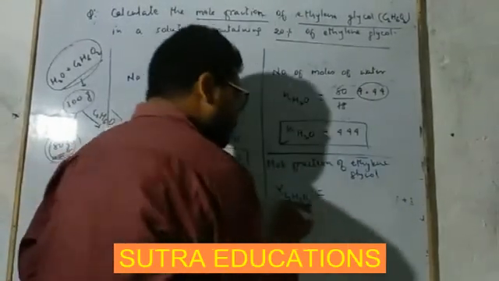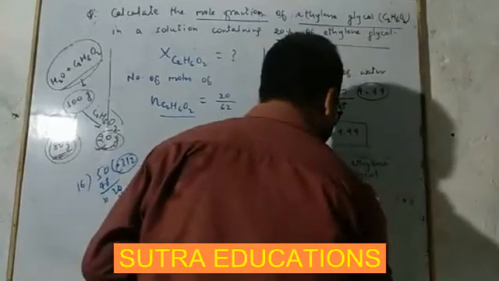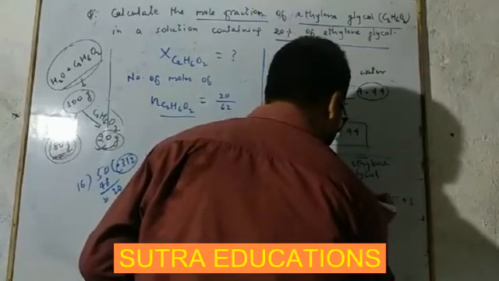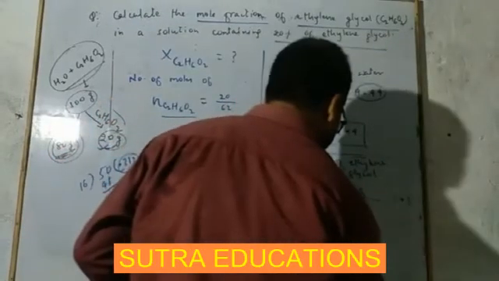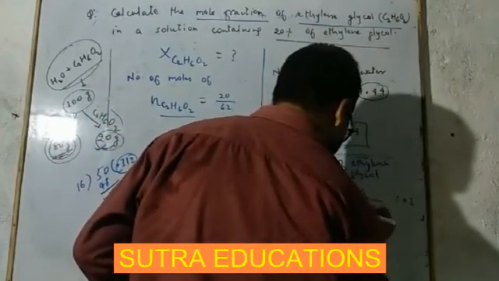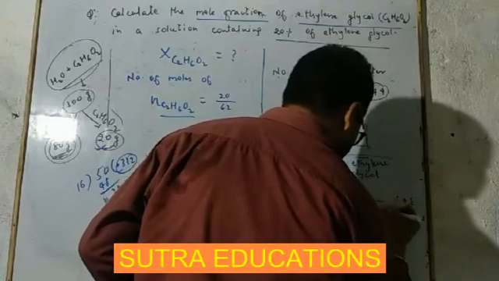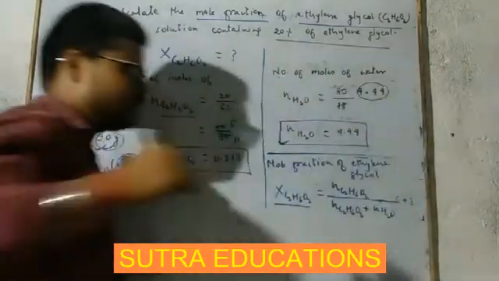So number of mole of the component means N C2H6O2 divided by sum of all the components, so it will be N C2H6O2 plus N H2O. Getting this? Okay.